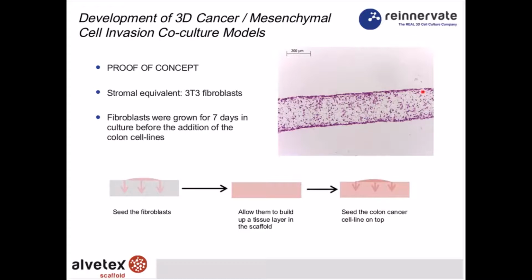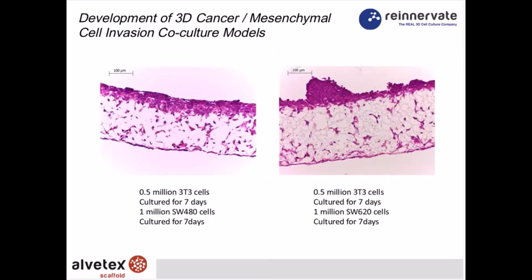First of all, we create, over 7 days, a three-dimensional culture of fibroblasts, such as this, and then we seed the colon cancer cells on top to create co-culture models such as these. In this example, we've got 480 cells here and 620 cells here, and these are the fibroblasts involved. As I say, these are 3T3s initially, but we've now got access to cancer-associated fibroblasts, so we can build a much more relevant model.